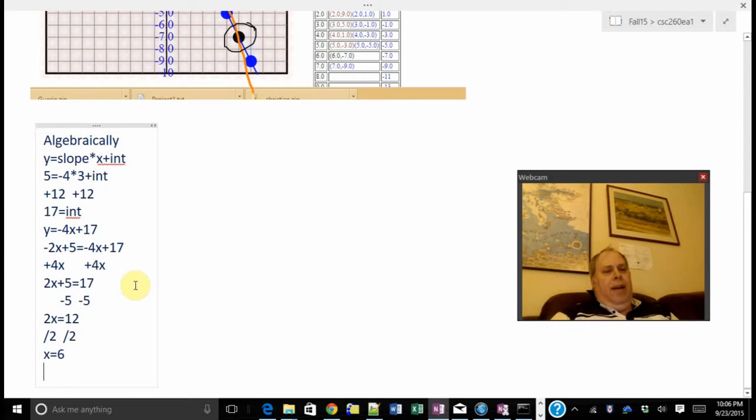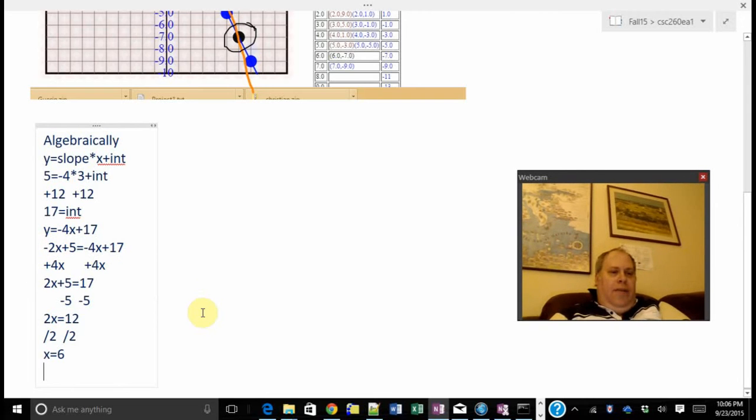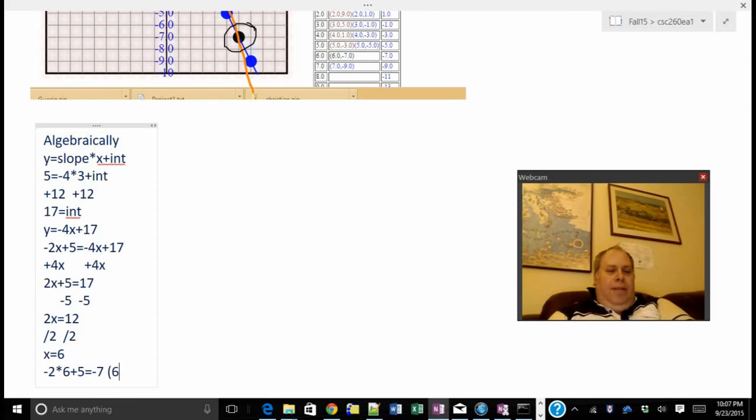Now that we got x by itself, we're not done. We need y. But we have formulas. Each of these formulas is supposed to take x and give us y. So if I take negative 2 times 6 plus 5, that gives me negative 7. And that tells me my point is 6, negative 7.